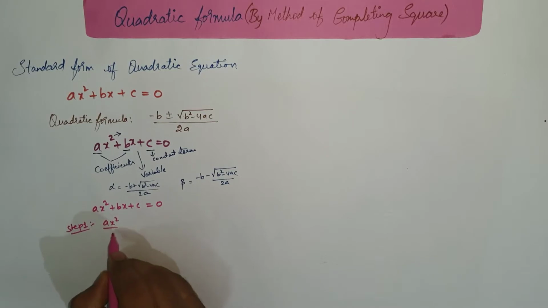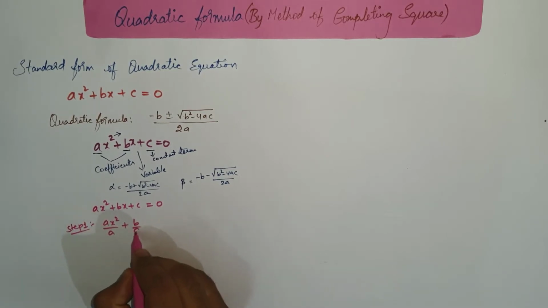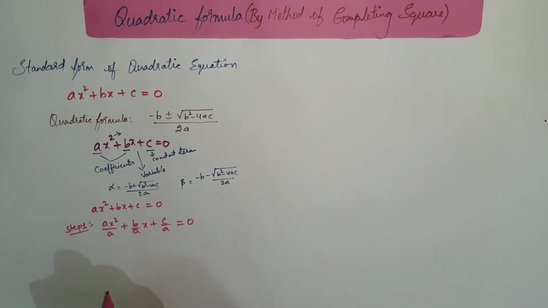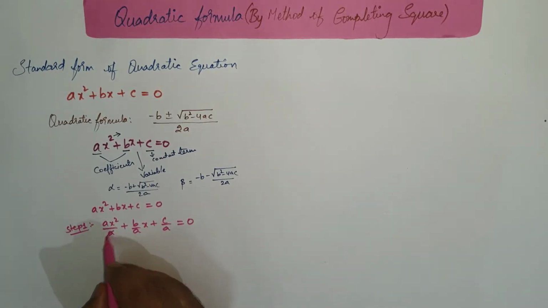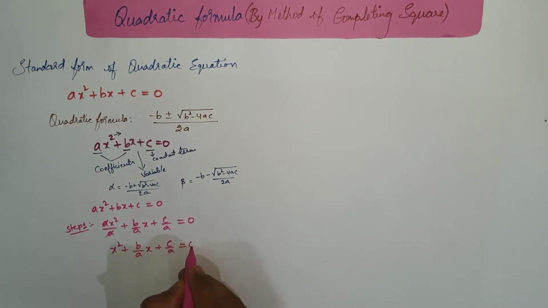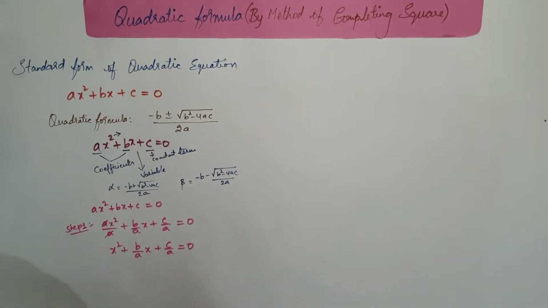So ax square by a plus b by a into x plus c by a equal to 0. Now we can cancel this a. So you will get x square plus b by a into x plus c by a equal to 0. So we made the x square coefficient as 1.